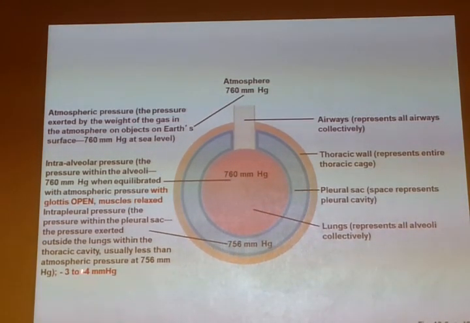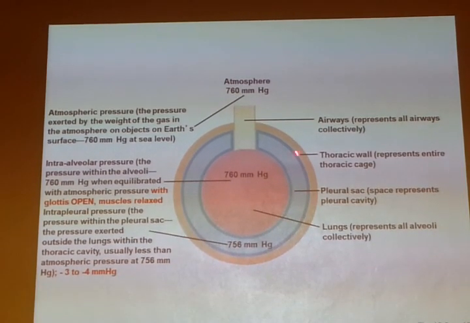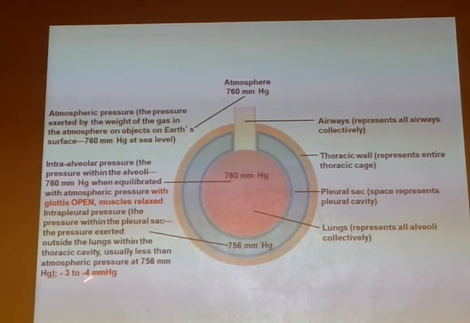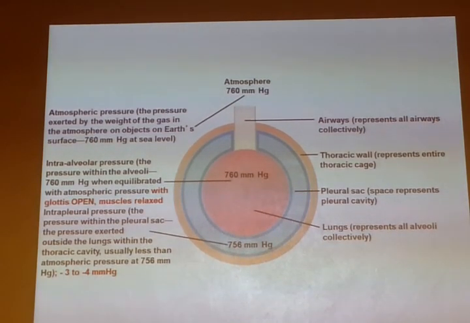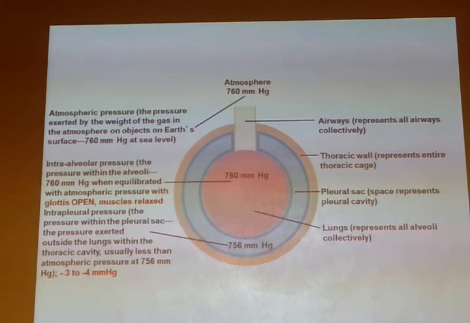That's where you end up getting this -4 millimeters of mercury. And that usually is what they talk about, and the book will continue talking about this space being at -4 millimeters of mercury. They won't continue talking about it beyond this point as being 756.